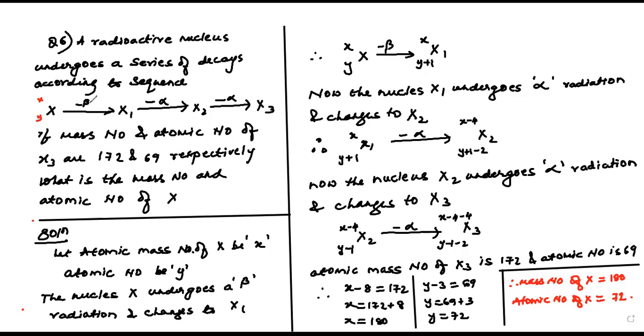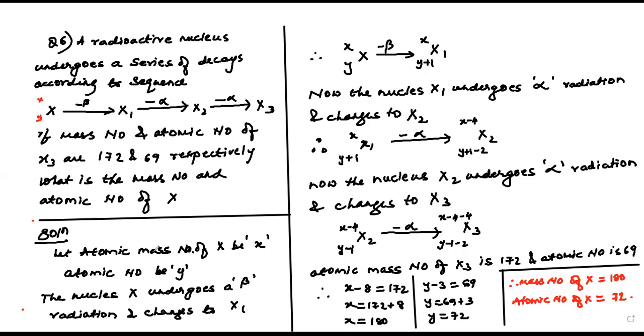Beta radiation जैसे ही देता है तो क्या होता है बेटा? Atomic mass number remains the same, but atomic number increases by 1. When a beta radiation is given out, atomic mass number जो ऊपर लिखा हो atomic mass number, नीचे लिखते हैं वो atomic number है. Atomic mass number remains the same, whereas atomic number increases by 1.